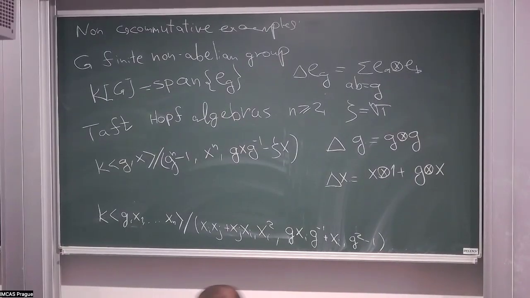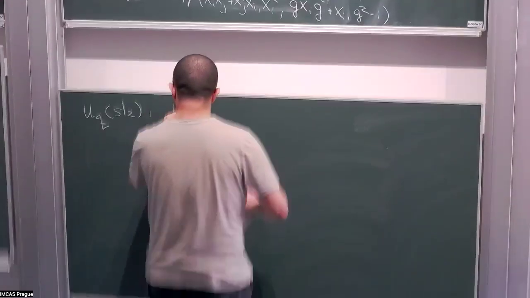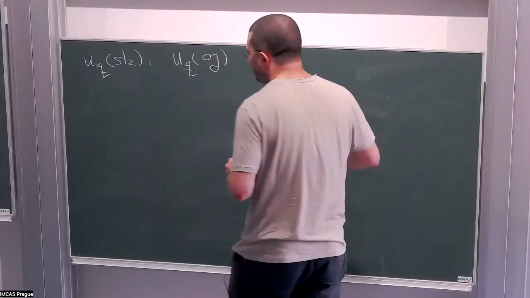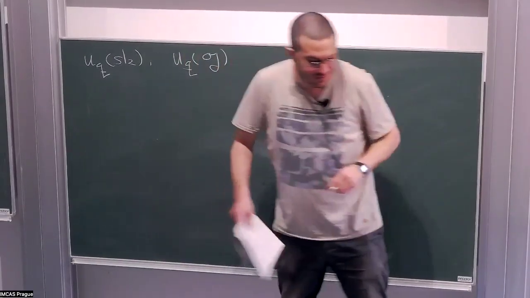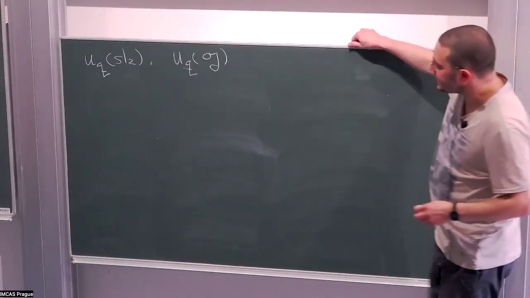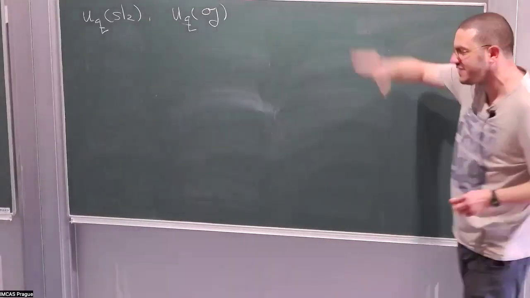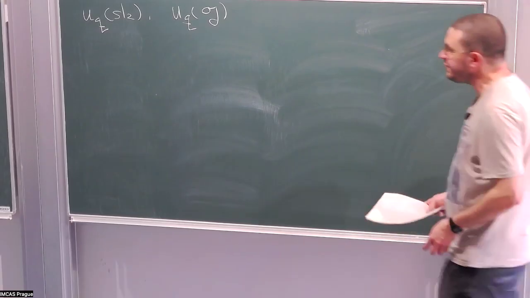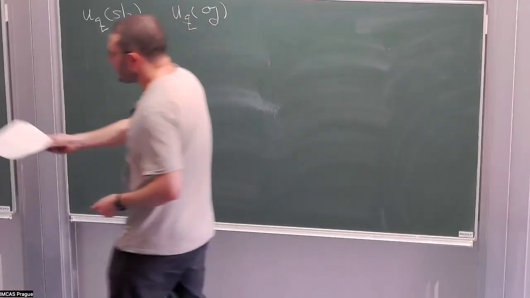Other examples that I guess would be quite popular here are U_q(sl2) or U_q(g) more generally. So g is a Lie algebra, and sl2 is a specific type of Lie algebra. There is a certain deformation of the universal enveloping algebra that is still a Hopf algebra. It still follows something very similar to what we had here.